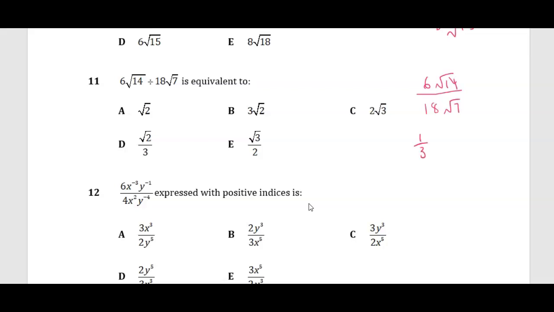And the square root of 14 and 7 I can rewrite as the square root of 14 over 7. I feel like I didn't make sense then. Okay, so 14 over 7 is 2. So 1/3 times root 2. Don't forget there's a little imaginary multiplication sign in there. So root 2 over 3. Root 2 over 3. So your answer is D.